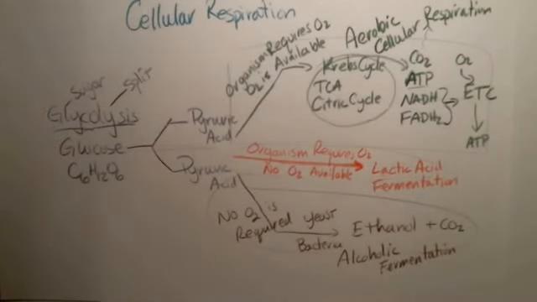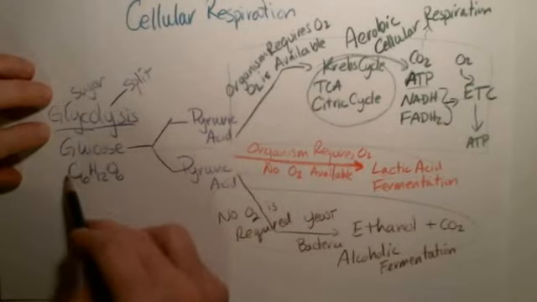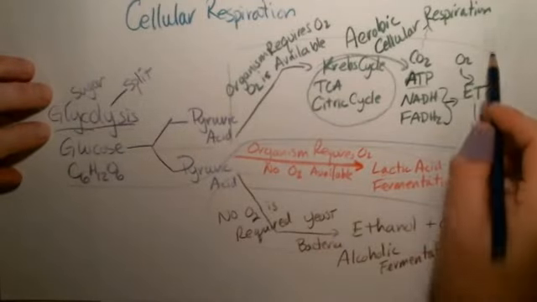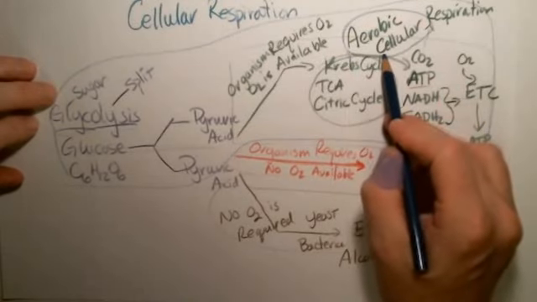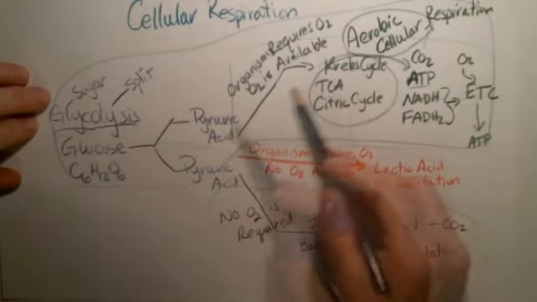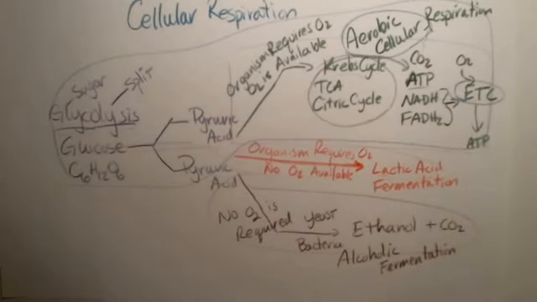Now, you need to understand something here, and it's a pretty important piece. The process that includes glycolysis and this part here, that is aerobic cellular respiration. So glycolysis, Krebs cycle, etc., that's aerobic cellular respiration.